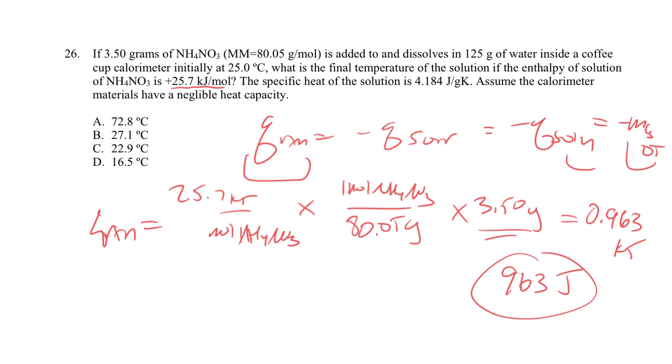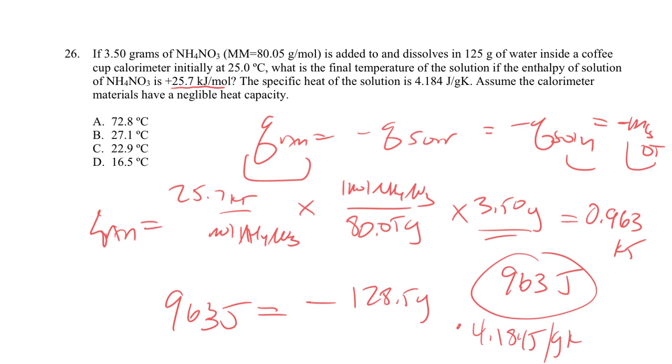And so 963 joules is my Q reaction. That's equal to negative m of the solution. m of the solution is 128.5 grams. I'm doing negative mass of solution, and then c_s of the solution, 4.184 joules per gram Kelvin, and then my delta T.